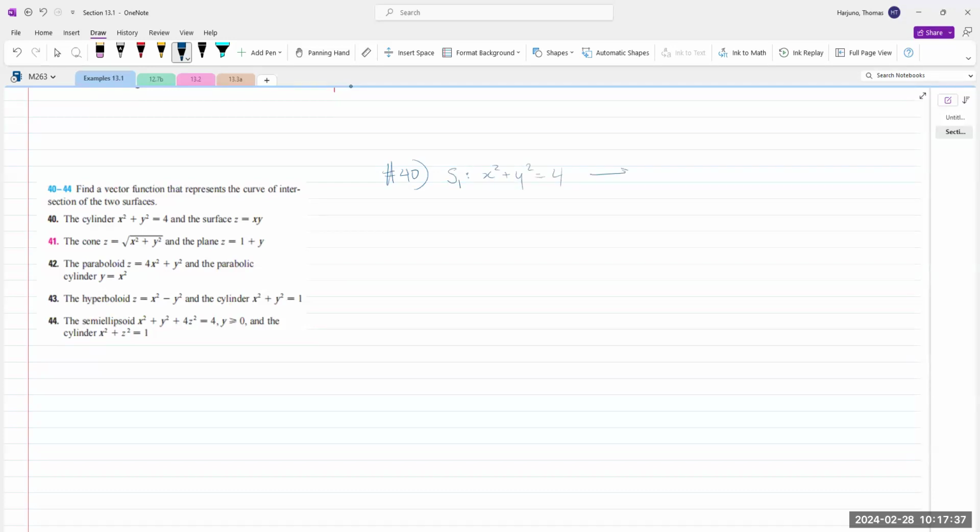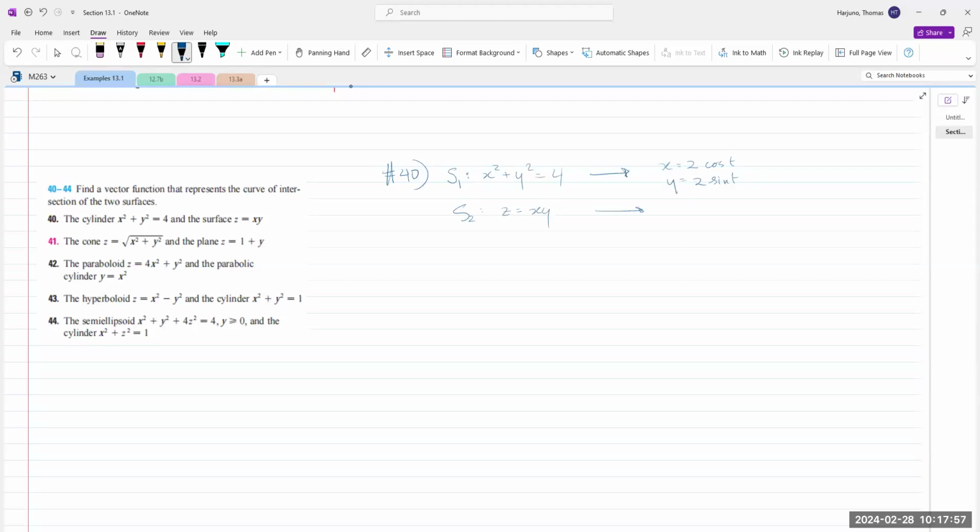Now think of this, parameterize that in x and y. So I will say x equals 2 cosine t, y equals 2 sine t. And then the second surface is z equals xy.